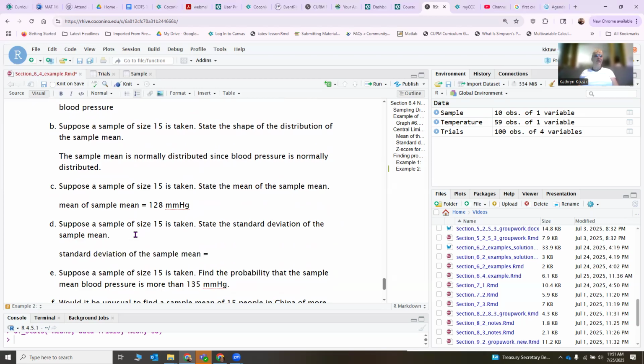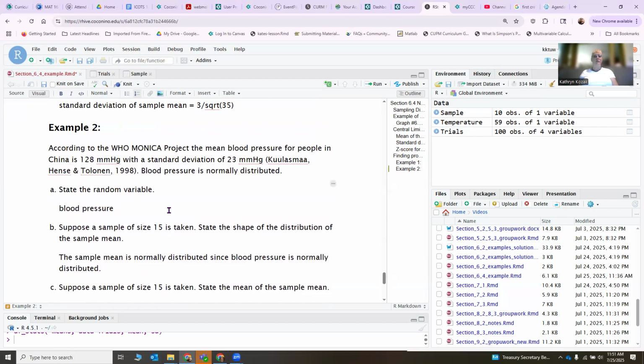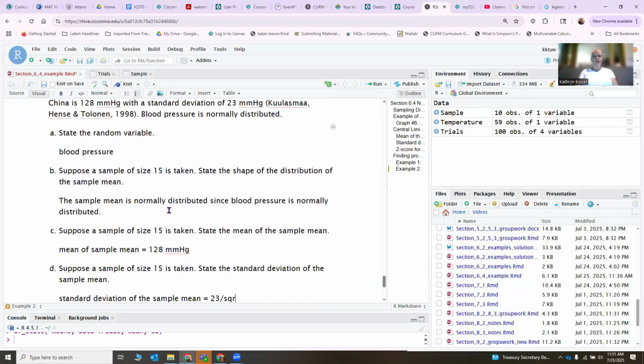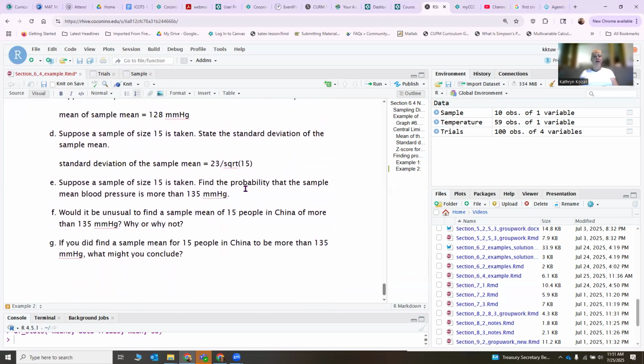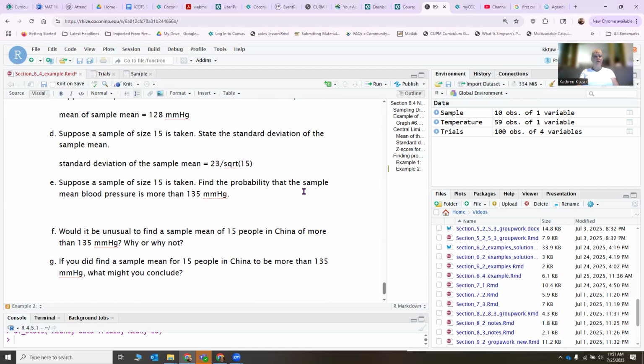Well, again, that's the original standard deviation, which was 23, divided by the square root of my sample size, which in this case is 15. Suppose a sample of size 15 is taken, find the probability that a sample mean blood pressure is more than 135. So we're looking for the probability that the sample mean is greater than 135.